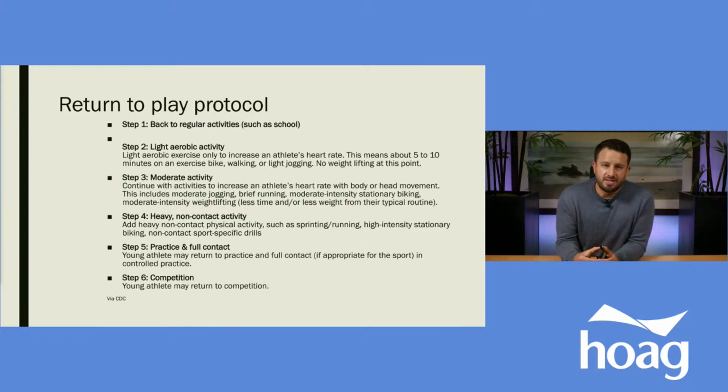We start them out next on light aerobic activity. That's, again, the walking around the neighborhood, the exercise bike, starting around 10 minutes. What I tell them is, if you can go 10 minutes, the next day go 13 to 15 minutes and slowly increase until I follow up with them, usually within a week. If they get symptoms at 12 minutes, I tell them the following day only go to 10 minutes, and kind of as tolerated.